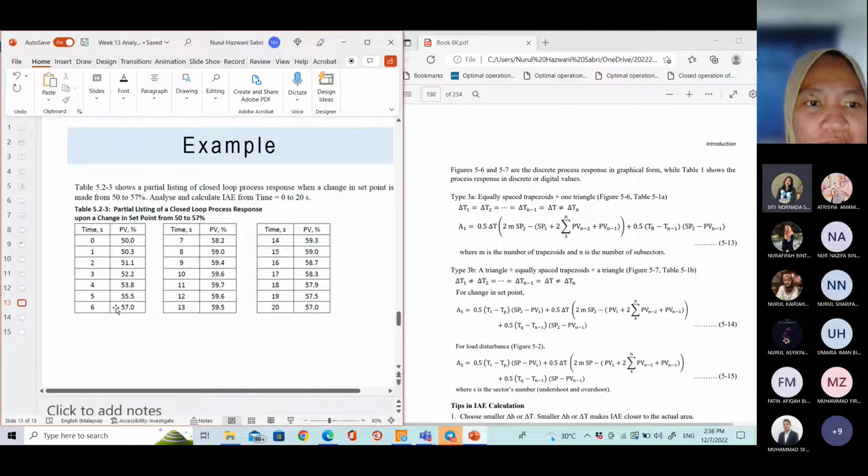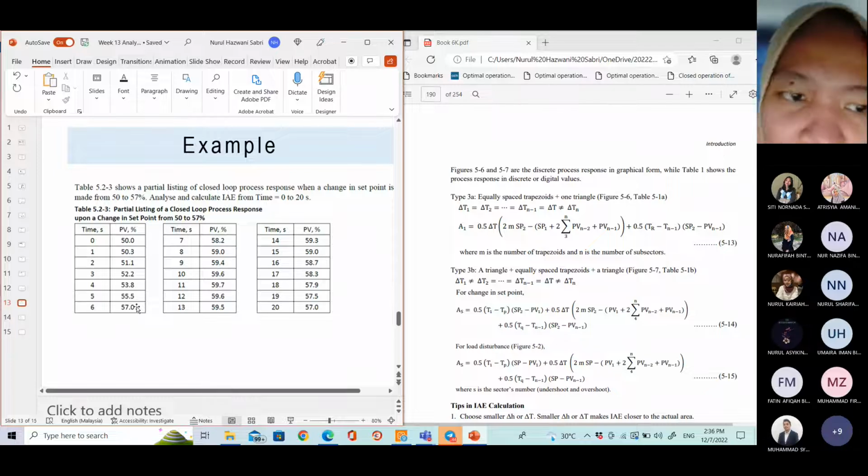Make sure you don't miss any. For every time difference you have to calculate and consider it, because you have decided your delta T1 is equal to 1. You cannot jump. If, let's say, you decided delta T is equal to 2, then you can jump, 6 to 8, 8 to 10. Can you understand?